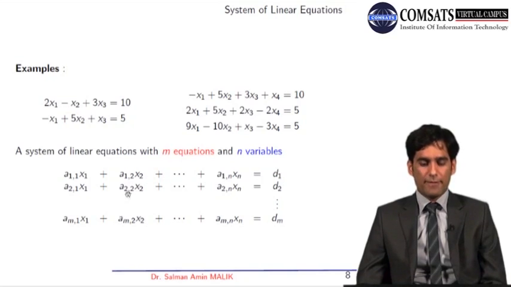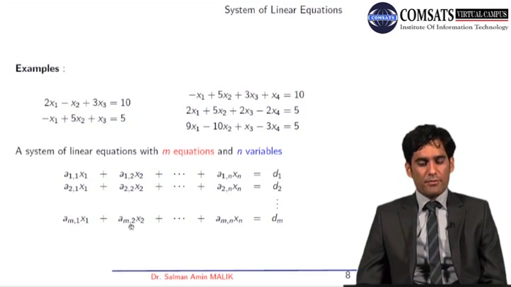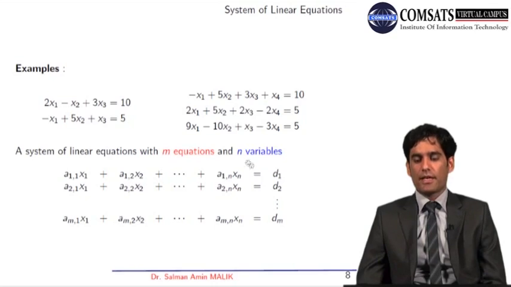For example, am2, what does it mean? It means that am2 is the coefficient of the variable x2 in the mth equation. So this is a system of linear equations which has m equations and n variables.